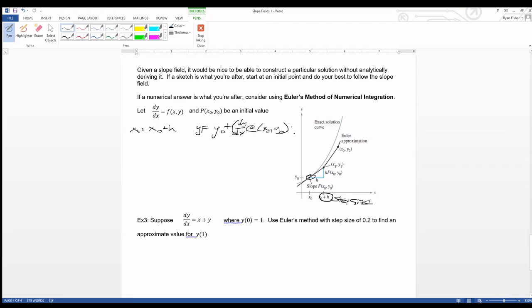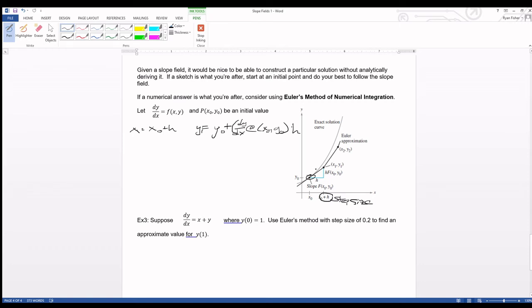And then we're going to multiply by how far we walked. In this case, that's the step size, so that's times h. And when we do that, we'll end up at a new y coordinate, which gives the point x1, y1.